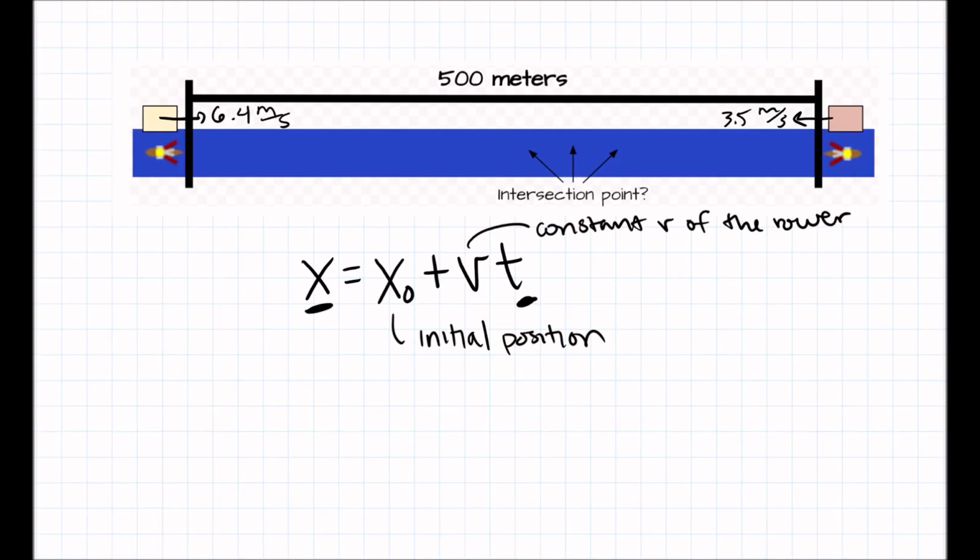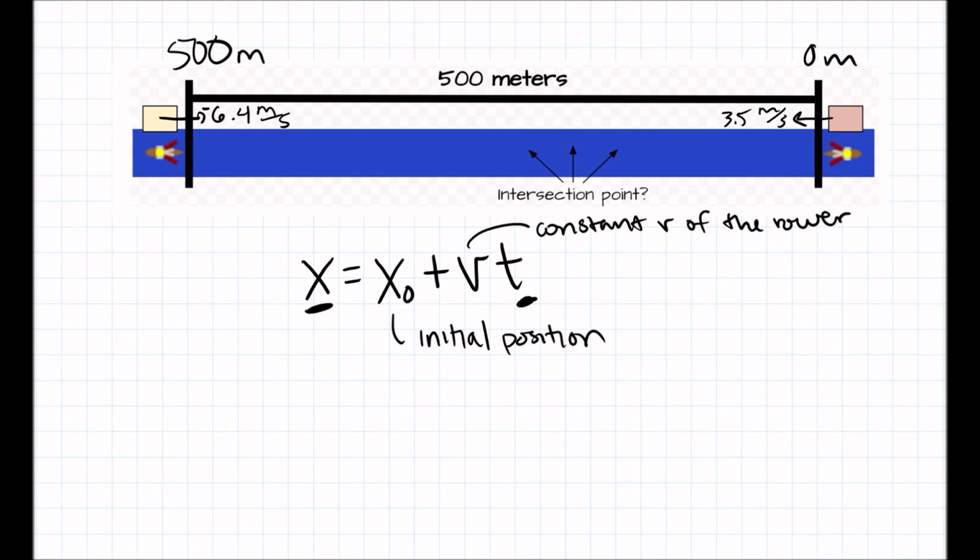In this problem, they're traveling at each other, and I've asked you to set up the reference frame, if you read the instructions, with 500 meters being where the yellow boat is, and 0 meters being where the red boat started. So this yellow boat is traveling in the negative direction.